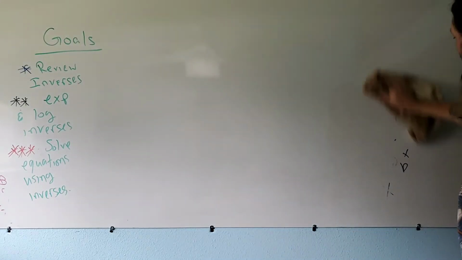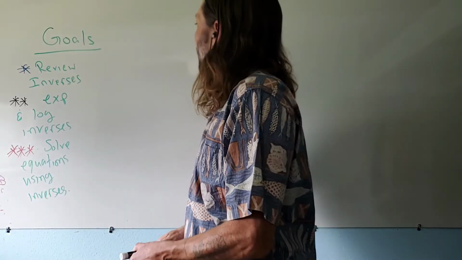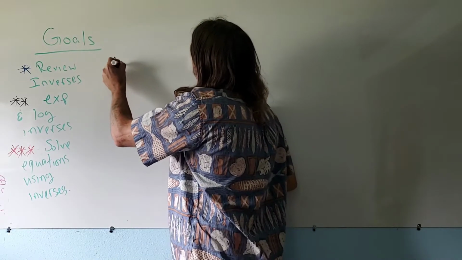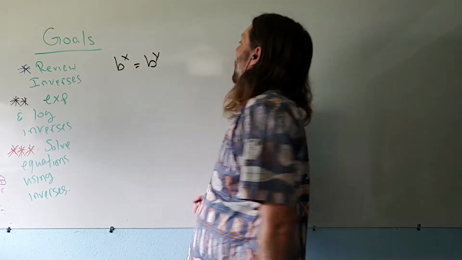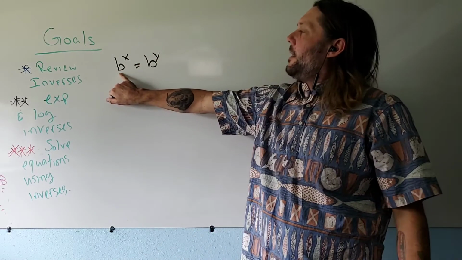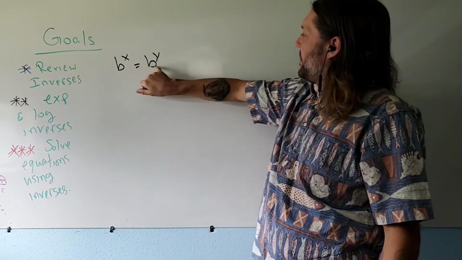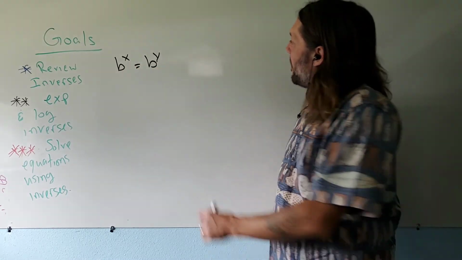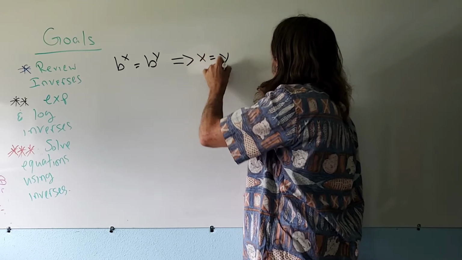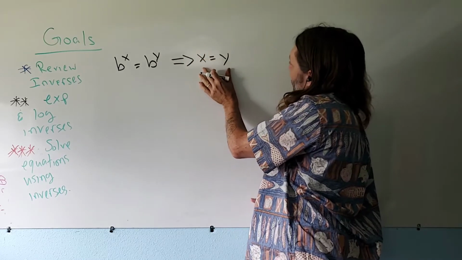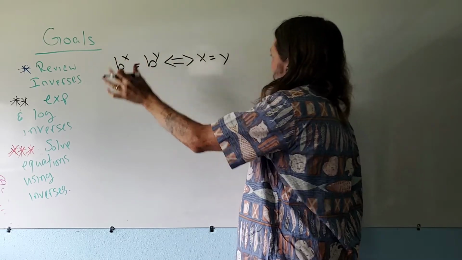Okay, so before I do that, I'm going to write a couple ideas down. If a number raised to an x power is equal to that same number raised to the y power, what that means is I know that x must be equal to y. But if I know this, I can go backwards and make these guys exponents.